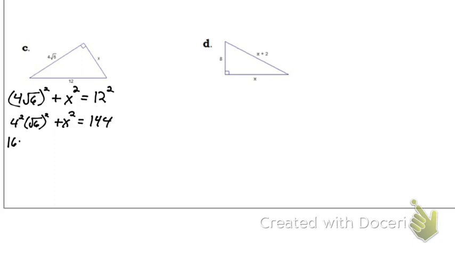So that is just 16 times 6 plus x squared equals 144.